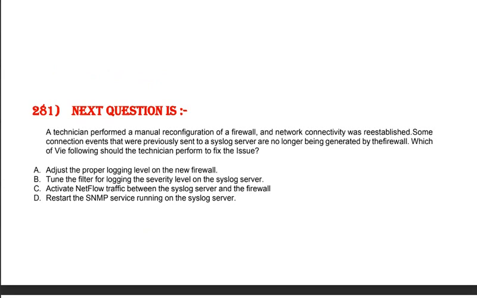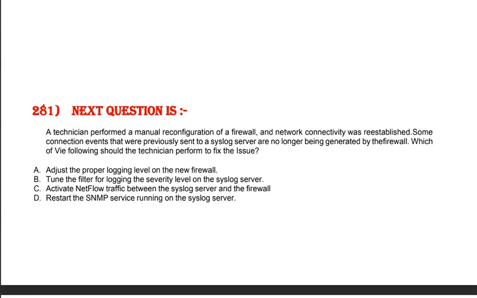Question is, a technician performed a manual reconfiguration of a firewall and network connectivity was re-established. Some connection events that were previously sent to a syslog server are no longer being generated by the firewall. Which of the following should the technician perform to fix the issue?